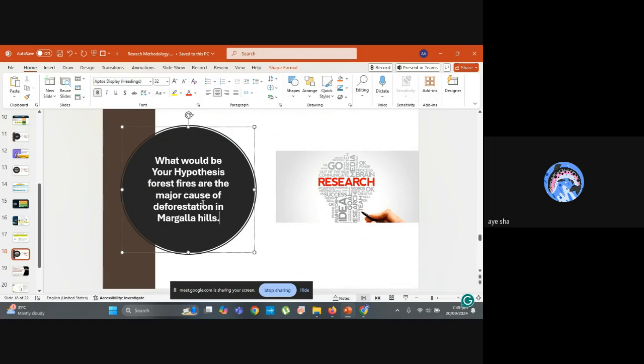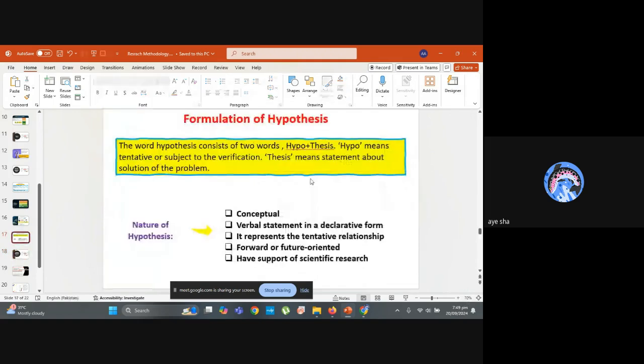How did you come to this conclusion? Based on the literature that you have studied. Maybe you have studied many different literatures that describe the major cause of deforestation in those particular areas where the researchers conducted their research was forest fire, maybe. Or maybe those researches were conducted in a hotter climate and the degradation rate increased during the months of July and June.